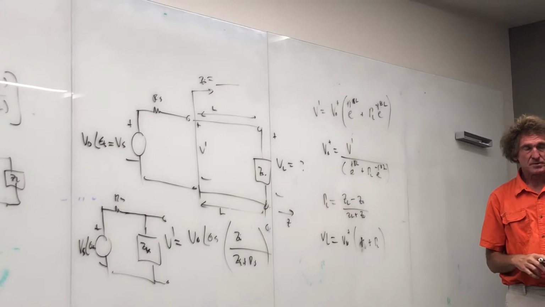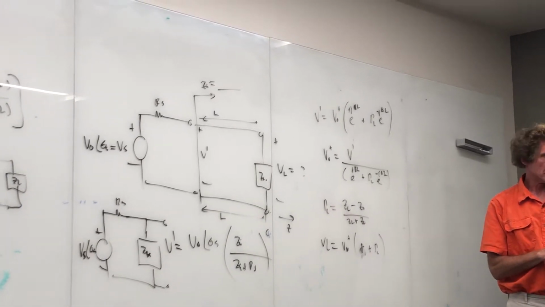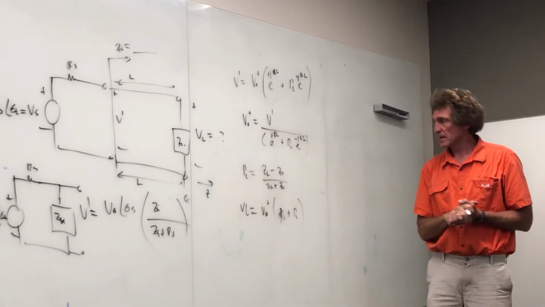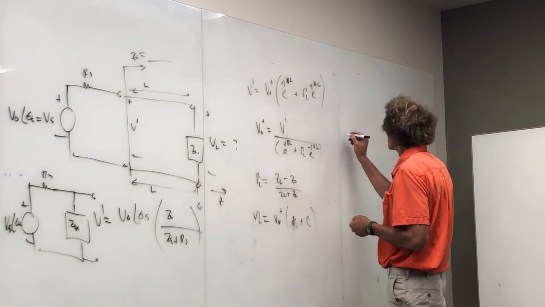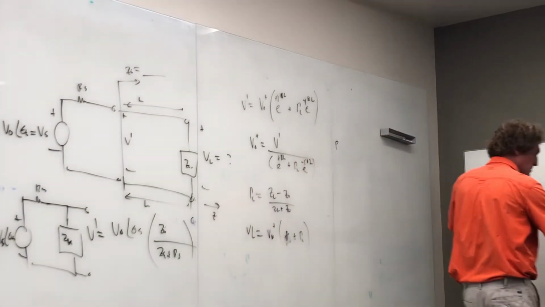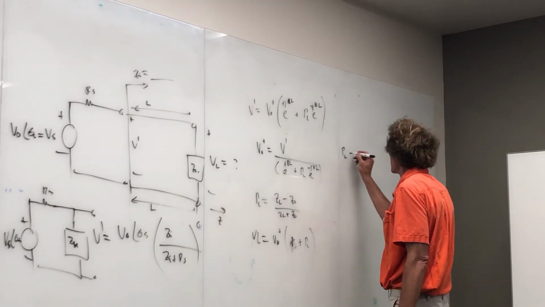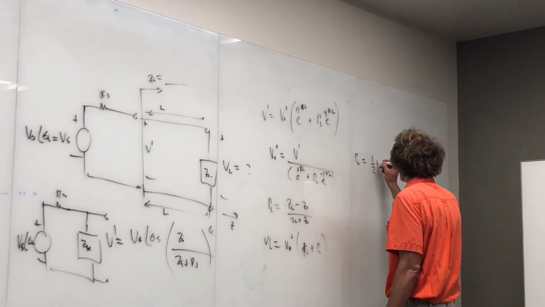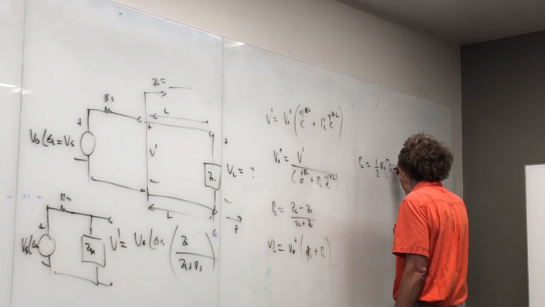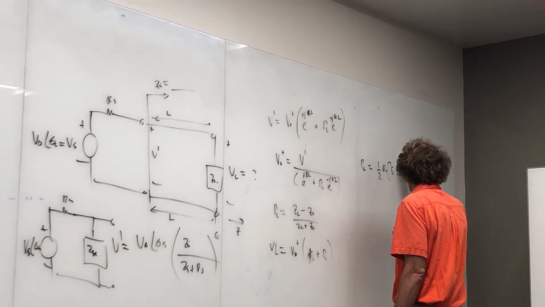Now that's the voltage. What's the power at the load? The power being dissipated at the load. Power is going to be 1/2 times the real part of V times I conjugate.